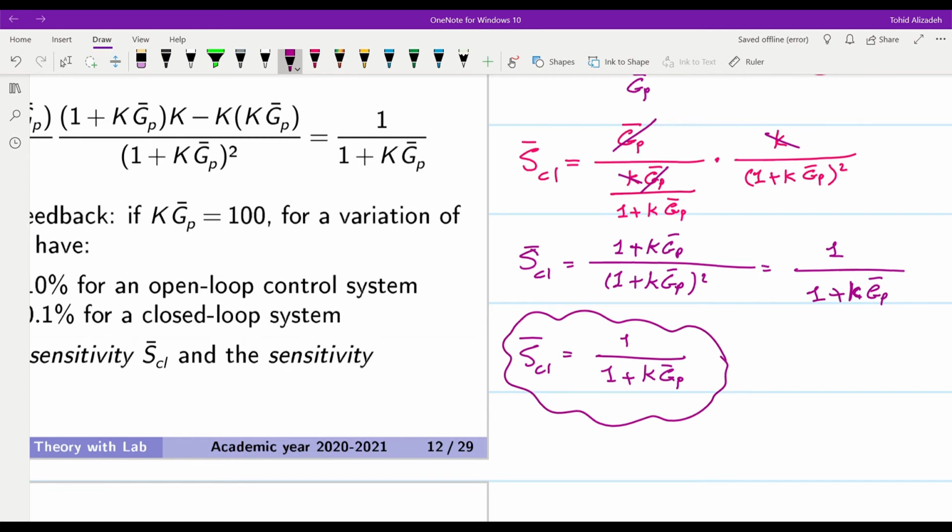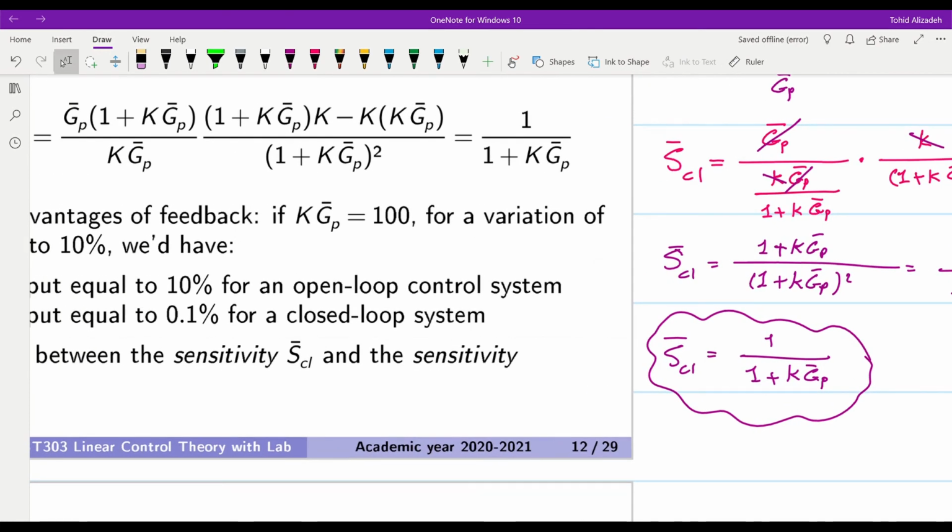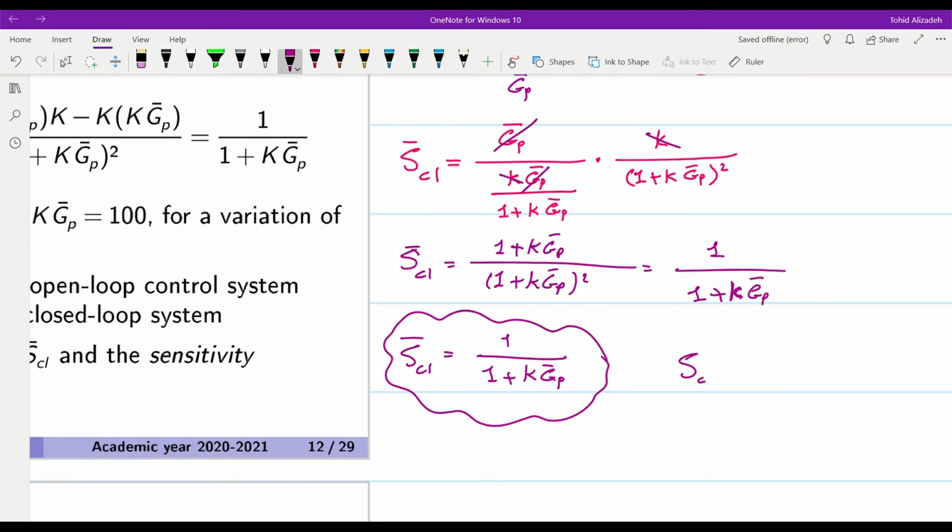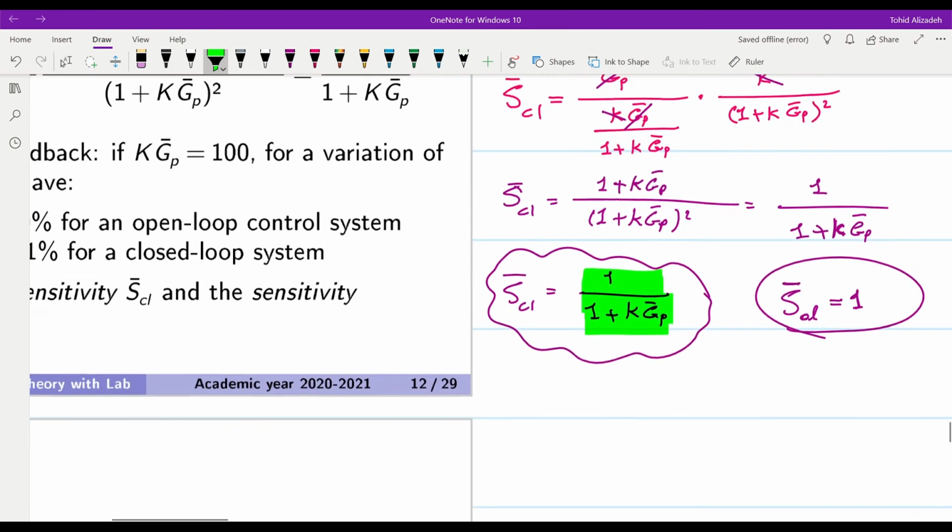If you remember, for the open loop systems, the sensitivity is equal to 1. So I can mention it here. For open loop systems, the sensitivity is equal to 1, while for the closed loop systems, it's equal to 1 over 1 plus k times GP bar, where k is the DC gain of the controller, GP bar is the DC gain of the plant.